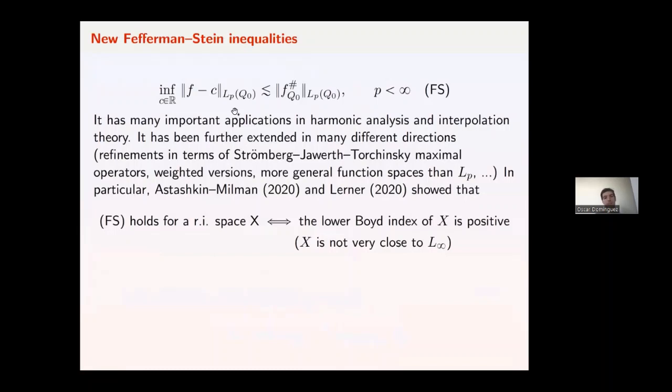And in particular, in this talk, I'm interested in the following question. What happens if you replace L^p by another function space? In particular, dealing with rearrangement invariant spaces, this question was considered recently by Støvring and Milman and also by Lerner, and they proved independently that if you consider any rearrangement invariant space X, the Fefferman-Stein inequality, replacing L^p by X, holds true if and only if the corresponding lower index is positive.